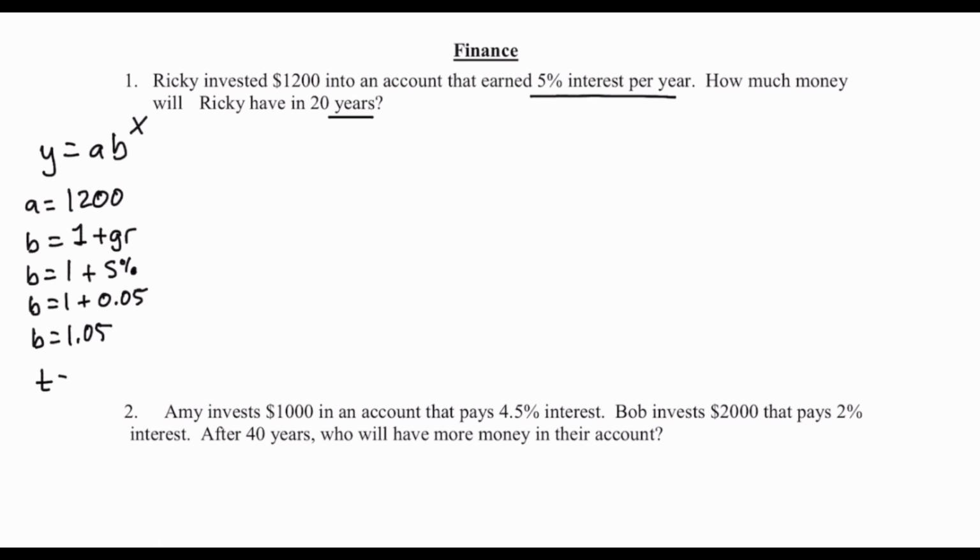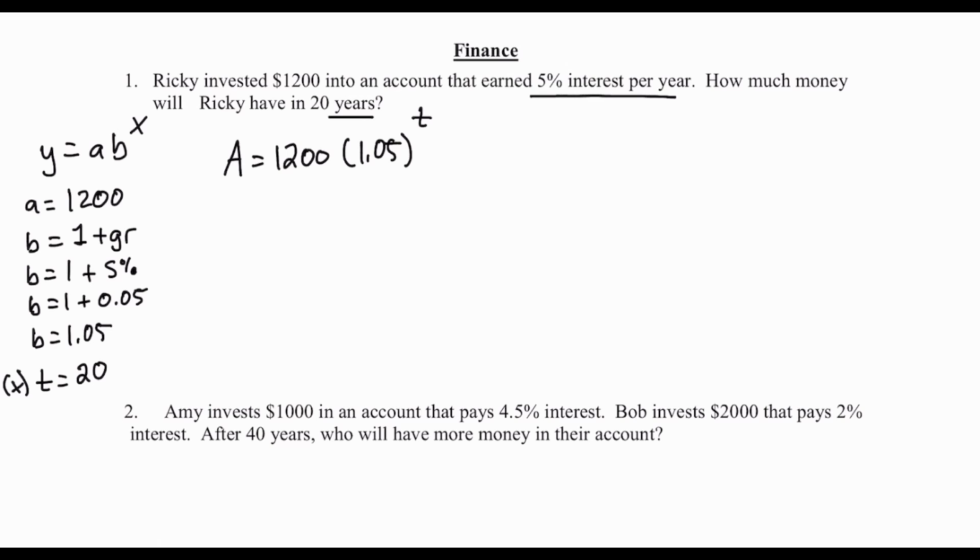And what does t equal? Or what does our x value equal? Well, we're actually told, and it's part of the question, we know that it has a value of 20. So let's just say t equals 20, or x. It doesn't matter what we call it. So our new equation here for our amount of money in the bank is going to be: A is 1200, B is 1.05, and t is our amount of time.